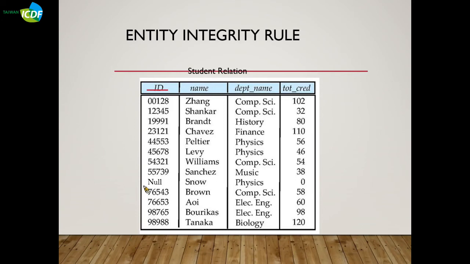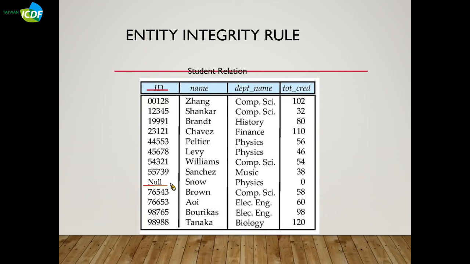If the primary key of a tuple is null like this, the tuple cannot be searched by primary key, because null indicates the value is unknown. It is impossible to find these tuples by primary key.